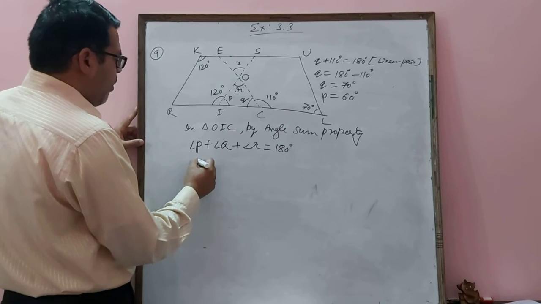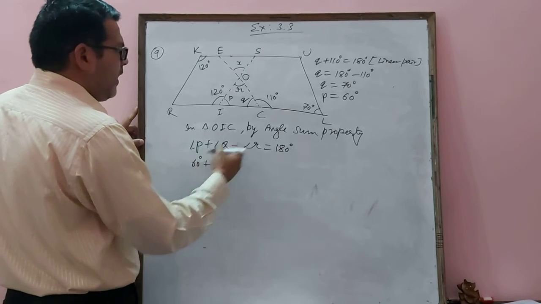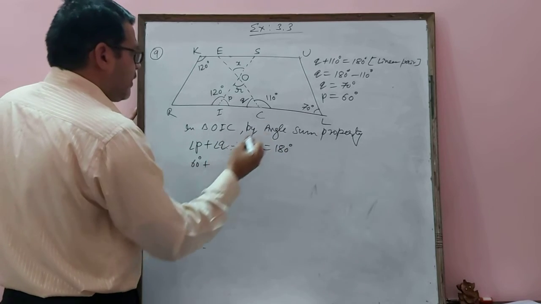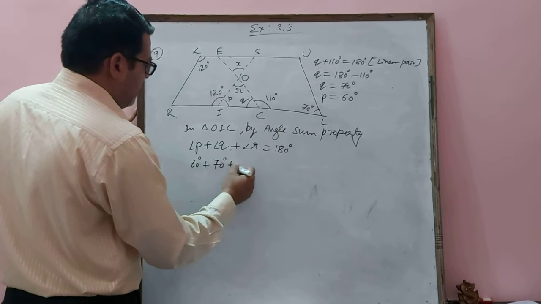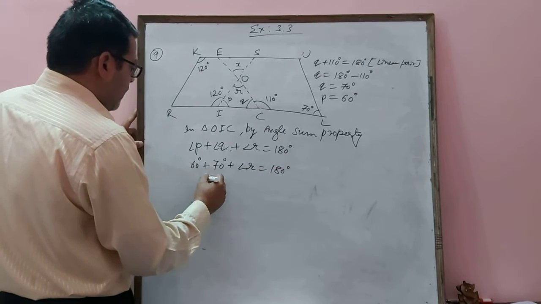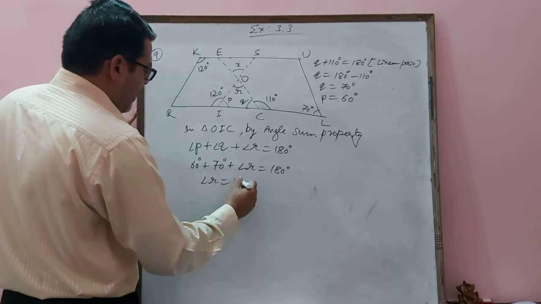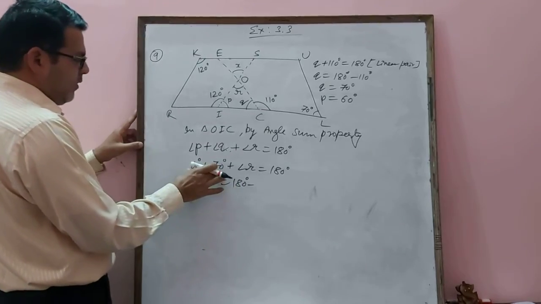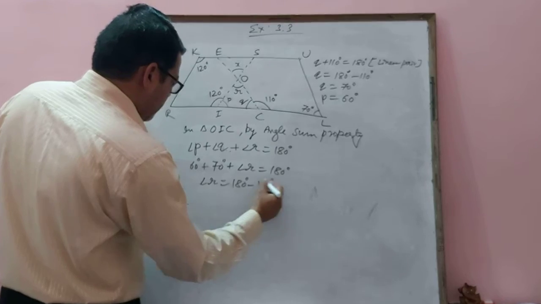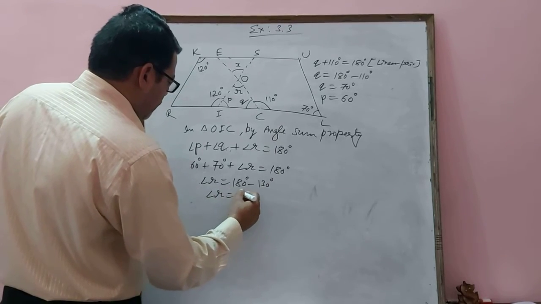Angle P we have already calculated, it was 60. This Q is 70 degree. R we need to calculate, sum is 180. So angle R equals 180 minus (60 plus 70), that is 130. So angle R equals 50.